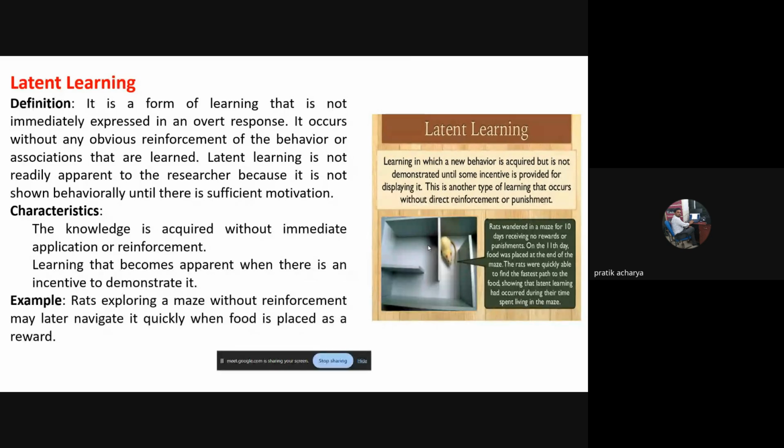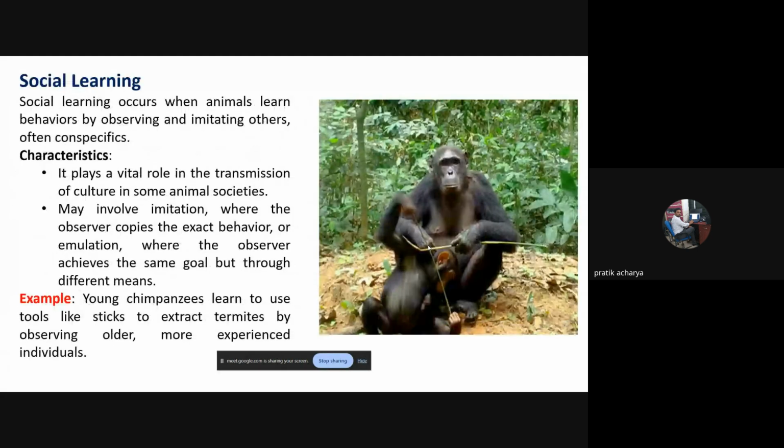So the characteristic of latent learning is that knowledge is acquired without immediate application or reinforcement. It becomes apparent when there is an incentive to demonstrate it. It is applicable in most organisms, most animals, and it is very important in learning behavior. And this is social learning.